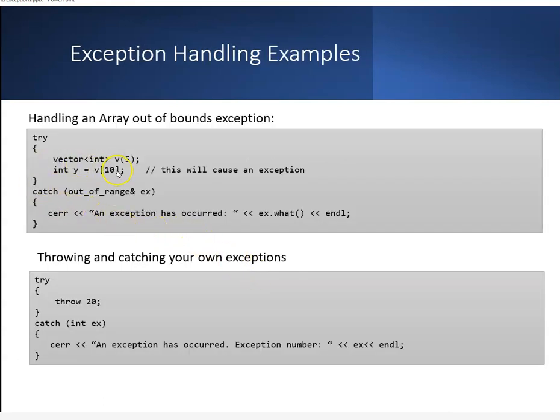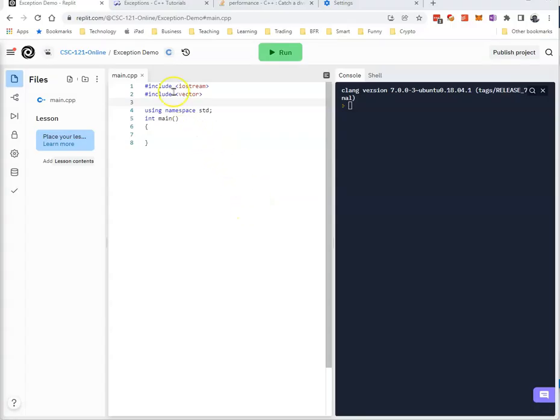So let's take an out of bounds exception. Let's create this array and try to access out of bounds. To demonstrate exception handling, we're going to create a new piece of code to keep it clean. What we're going to do is define a vector v, and oops, forgot my type here.